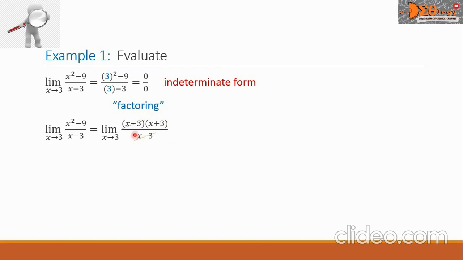We cancel now the x minus 3. Writing the limit again, we have now the limit of x plus 3 as x approaches 3. Let us evaluate again this limit by substituting the value 3 to the x here. So we have 3 plus 3, and the sum is equal to 6. This is our final answer.